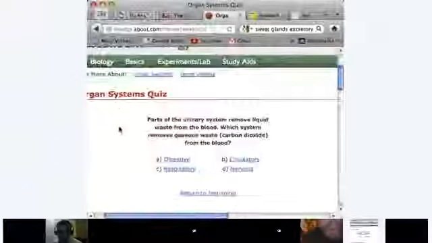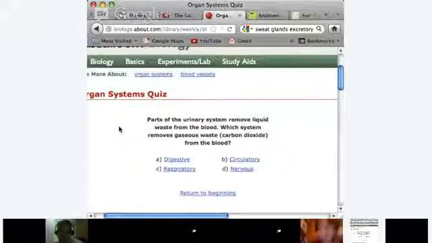Good. Okay. The next part. Let's find the next question. Next question says, parts of the urinary system remove liquid waste from the blood. Which system removes gaseous waste or carbon dioxide from the blood?